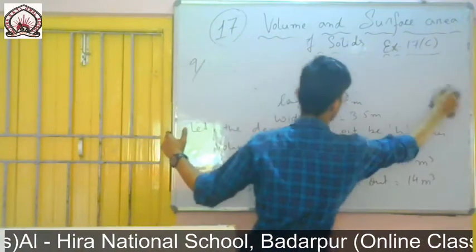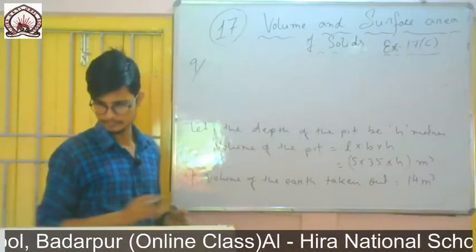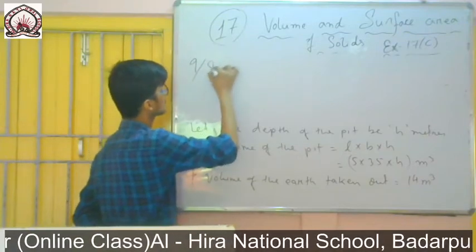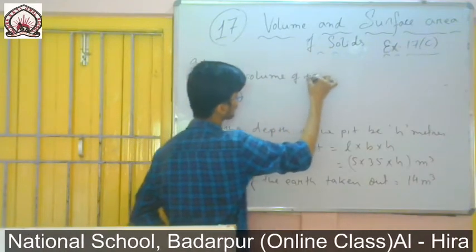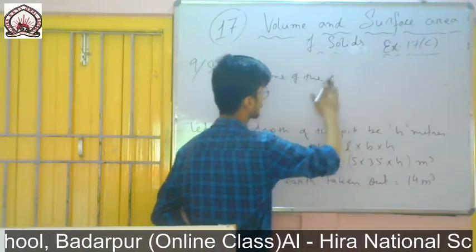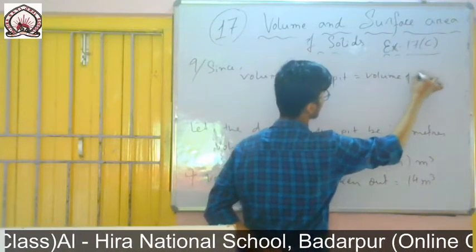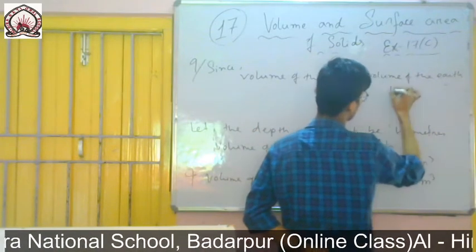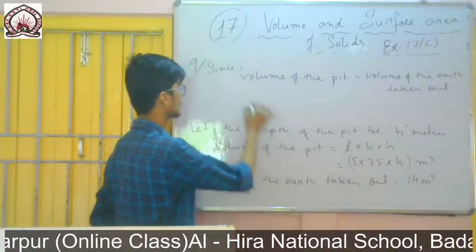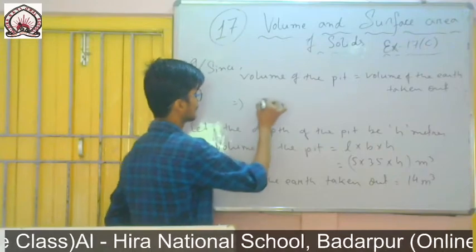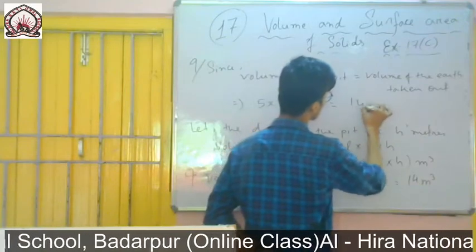Okay, you write the line like this: since the volume of the pit is equals to the volume of the earth taken out, volume of the pit, it is 5 into 3.5 into h, and volume of the earth, it is 14.